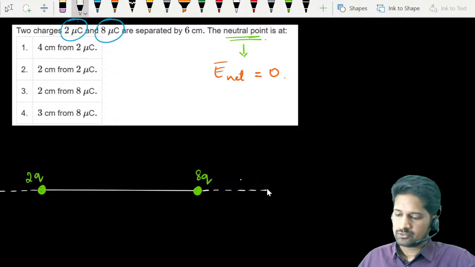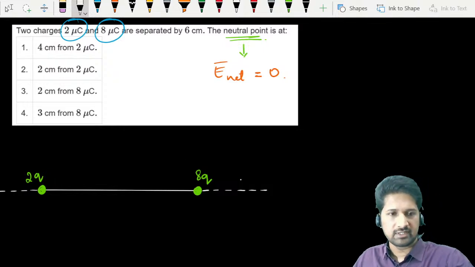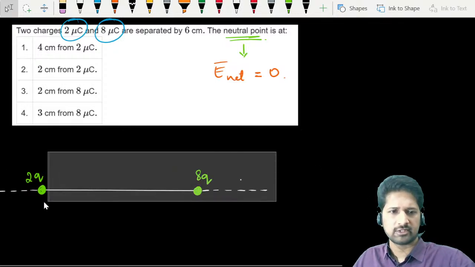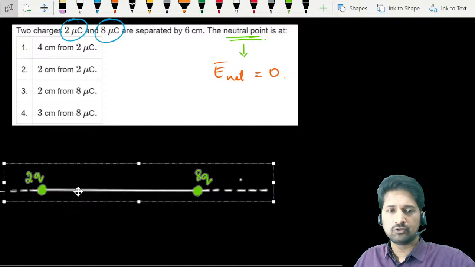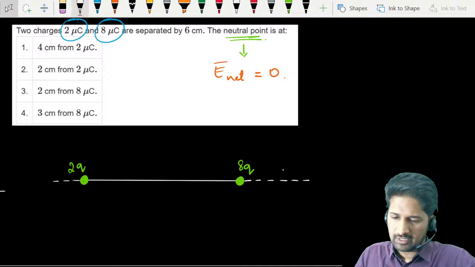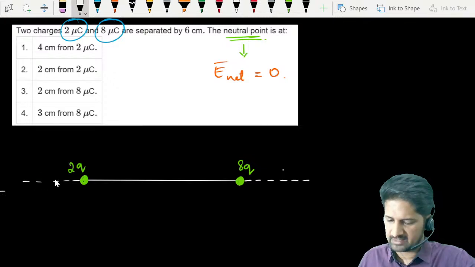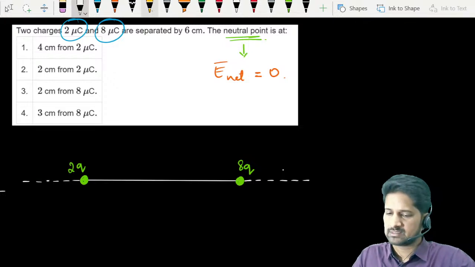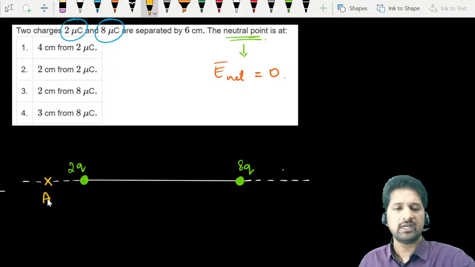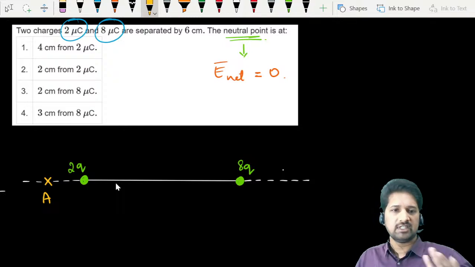So in order to solve questions of this kind, based on neutral point or net electric field, or net gravitational field for that matter, you will have to split space into three parts. What are the three parts? One part here, let's call this point A, which is to the left of both the charges.